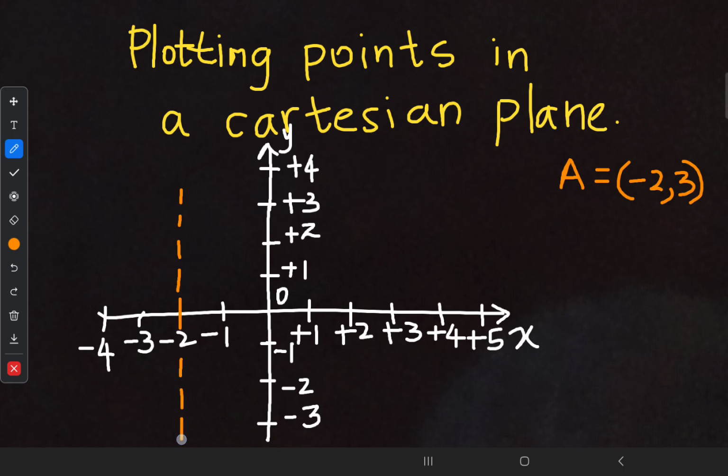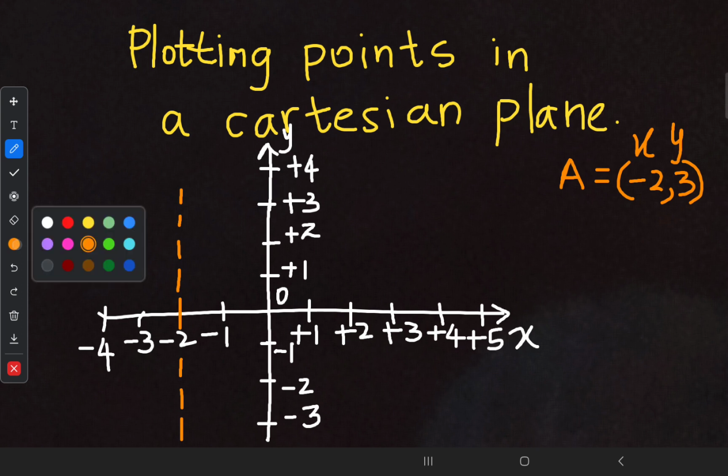It says the x coordinate is negative 2, so we have to draw a vertical dotted line when x is equal to negative 2. Then y is 3, so we have to draw another line when y is 3.